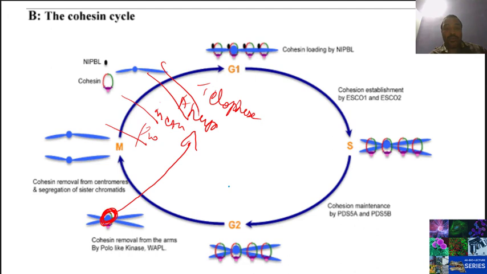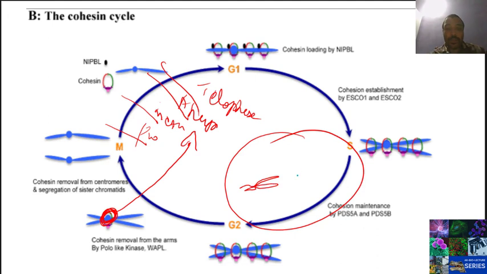So we know that in metaphase the chromosomes are aligned at the central portion, that is the metaphase plate.